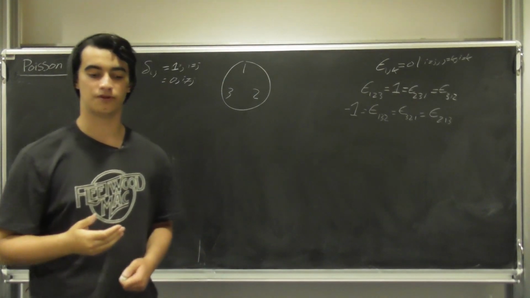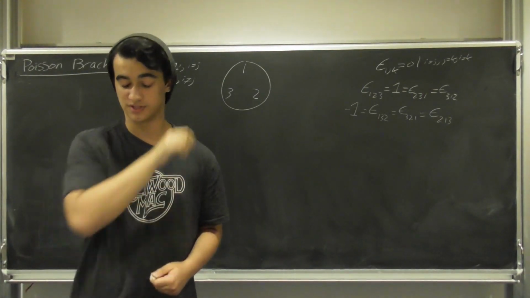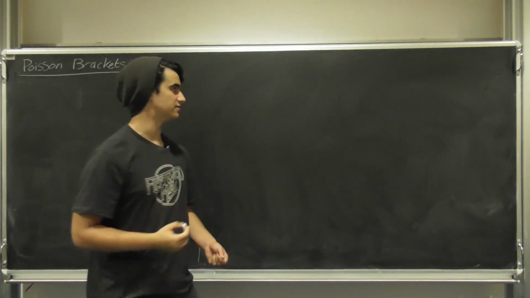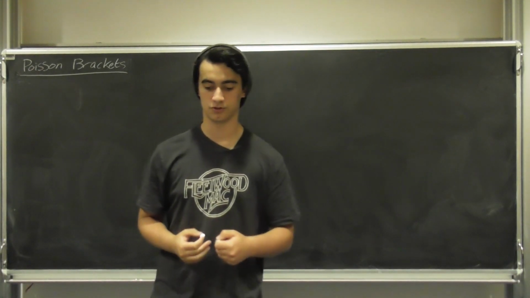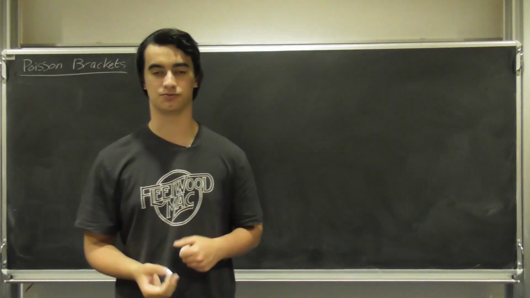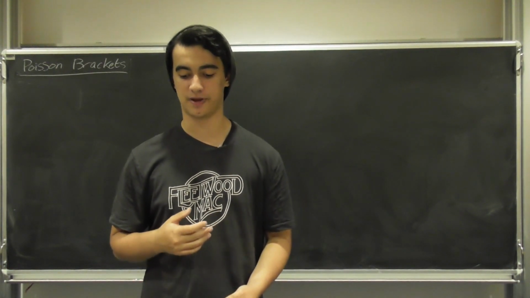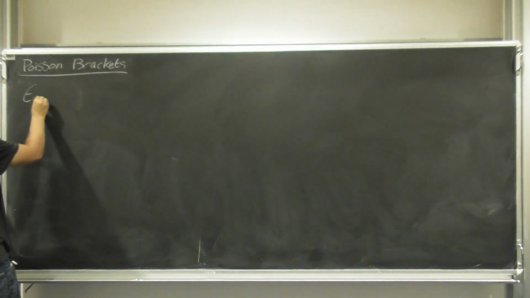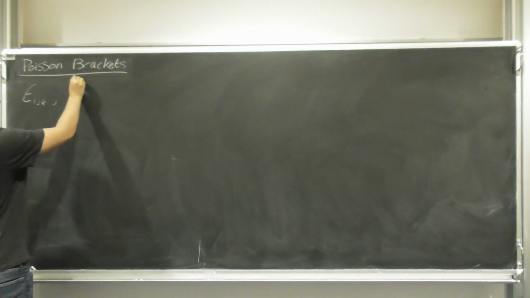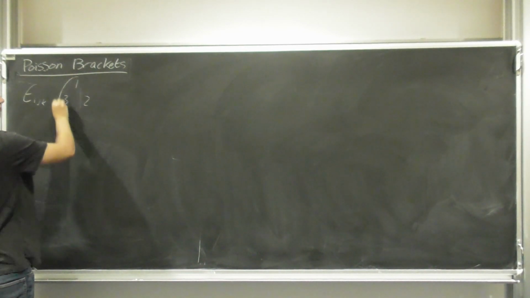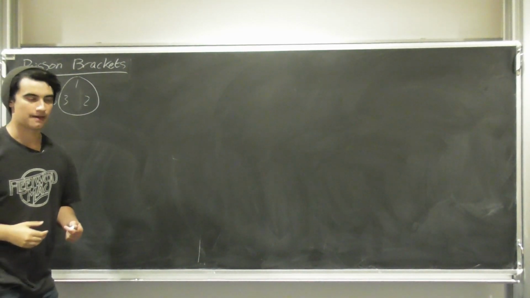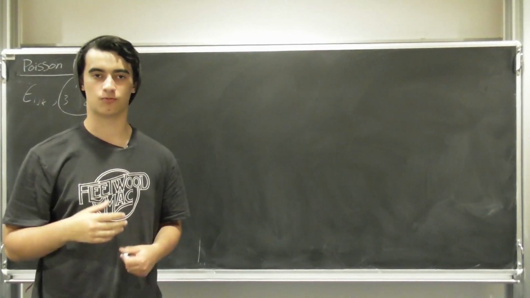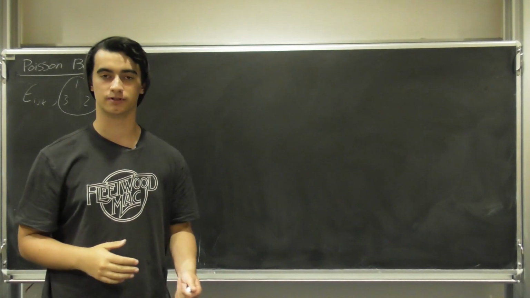It's just a nice notational trick that we're going to be using a little bit in our angular momentum. Okay, so now that we have our Levi-Civita symbol, we can use this to help us with our angular momentum. The key is if we have our epsilon of i, j, and k, and we have our circle, 1, 2, and 3, we just need to think about what each coordinate will be.